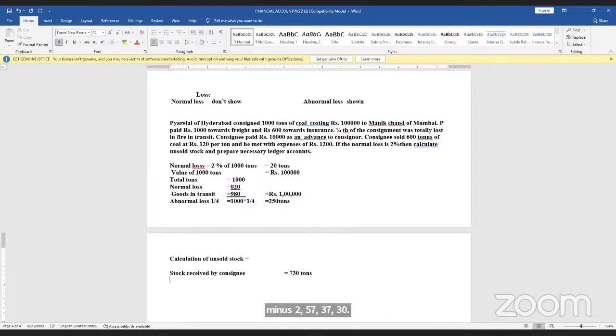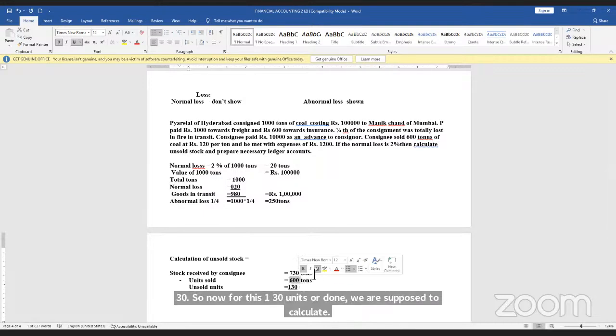Minus units sold. How many units did he sell? 600 units. So unsold units are 130. Now for these 130 units or tons, we are supposed to calculate the value.